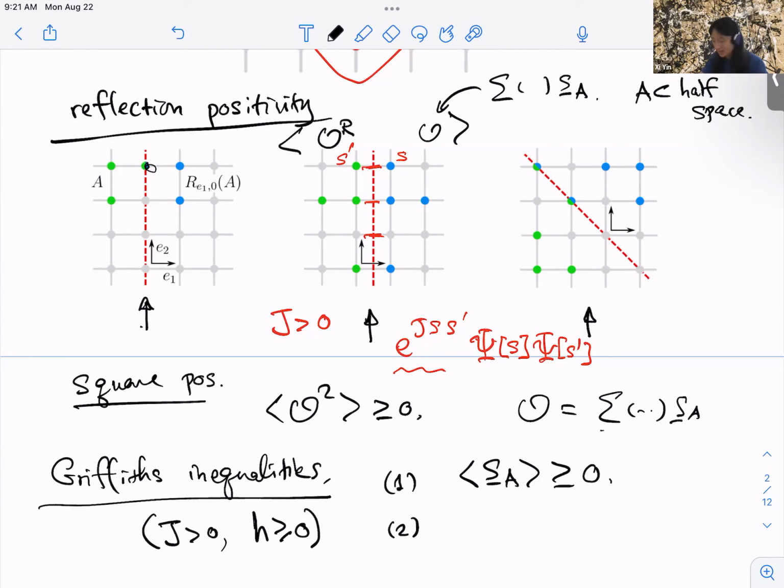The first one says odd moments are non-negative. For example, a single spin expectation value is non-negative if the magnetic field is non-negative. The second one says that for any subsets A and B, the S_A S_B correlator is greater than or equal to the factorized correlator, the S_A expectation value times the S_B expectation value.